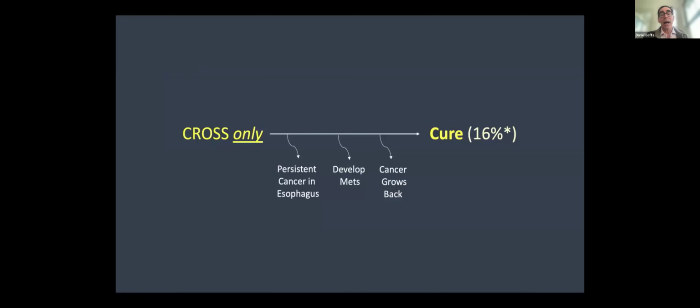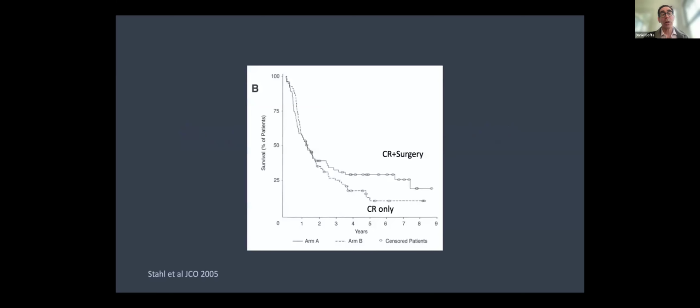And so again, because of people with persistent cancer, people that develop metastases, people who have recurrent cancer who were once cleared, that's sort of the impact. So you're really deferring treatment for the possibility that people have been cured with their non-surgical approach.